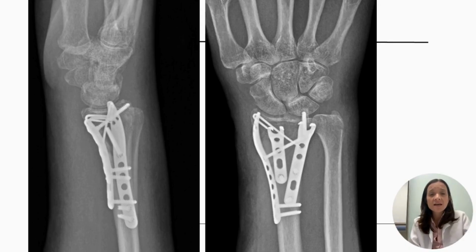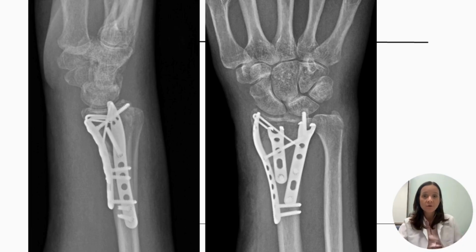In this case, I used a volar hook plate for the volar ulnar corner fragment, and you can put a screw through that plate that goes subchondral all the way to the dorsal ulnar corner, so we can skip the dorsal approach and dorsal fixation.